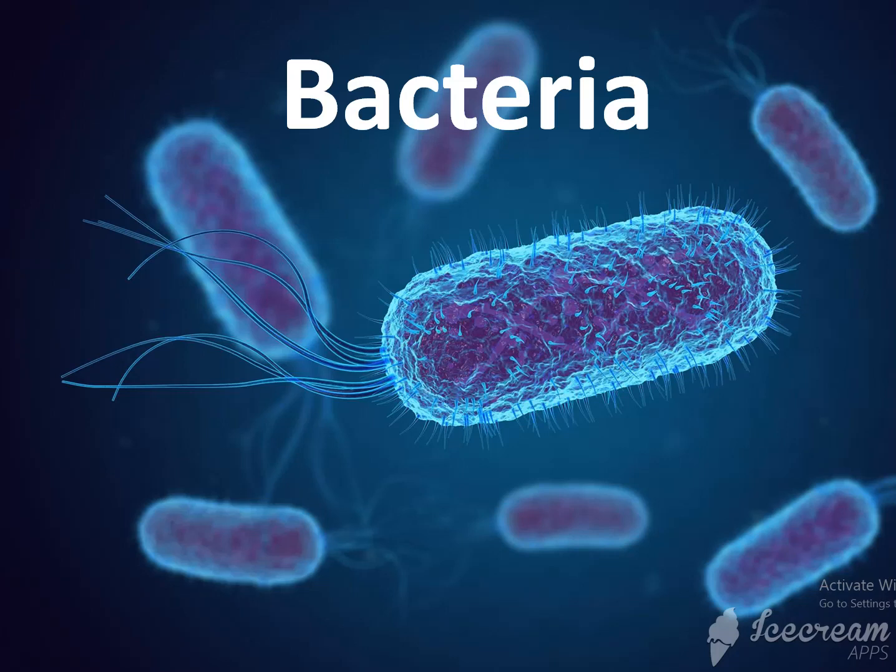They are the smallest and oldest organisms on our planet. And they are unicellular. Unicellular means made up of only one cell, the organism which is made up of only one cell.